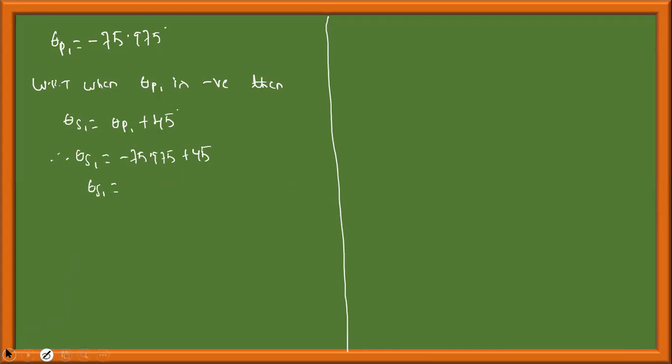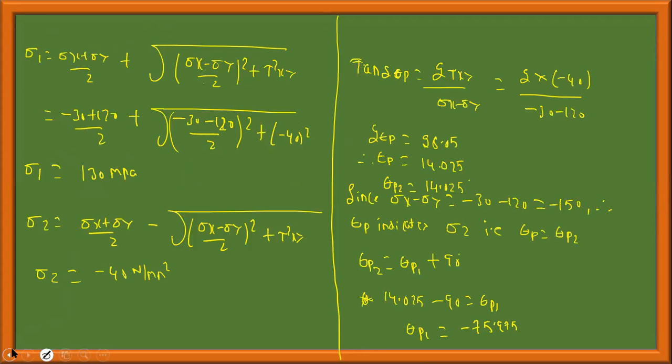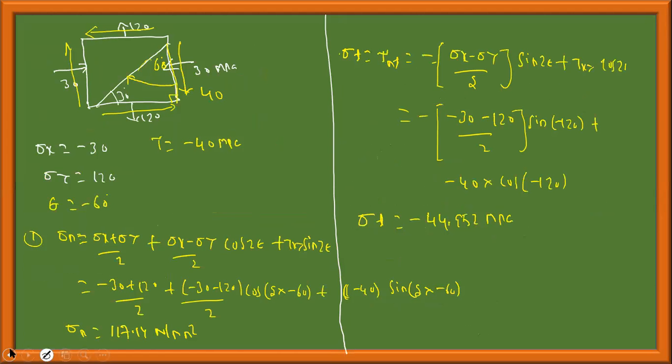Wait a moment. Which problem is this? What is theta p1? Theta p1 we got minus 75.975. Okay, give me a moment. Let me see the problem. Hold on.